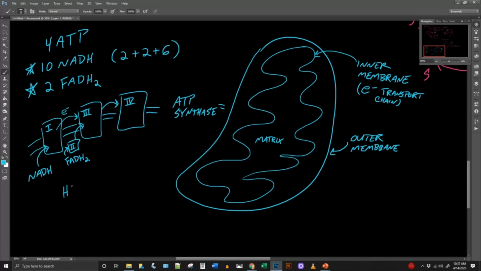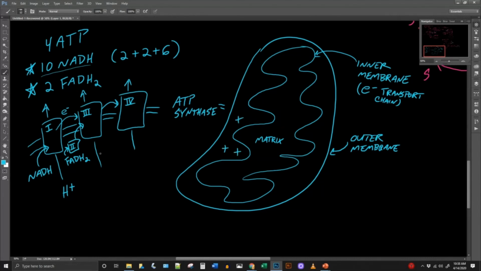Now, these complexes pump hydrogens. Right? So if you have hydrogen ions sitting around, it's going to pump them from one side of the membrane to the other. NADH does complexes 1, 3, and 4, so you get a hydrogen for each one of those. So for every NADH, you get 3 hydrogens pumped into the intermembrane space.